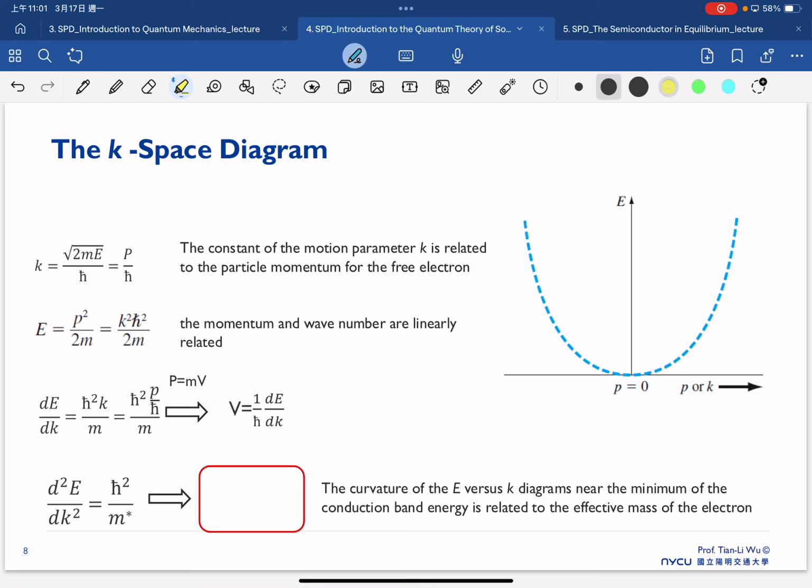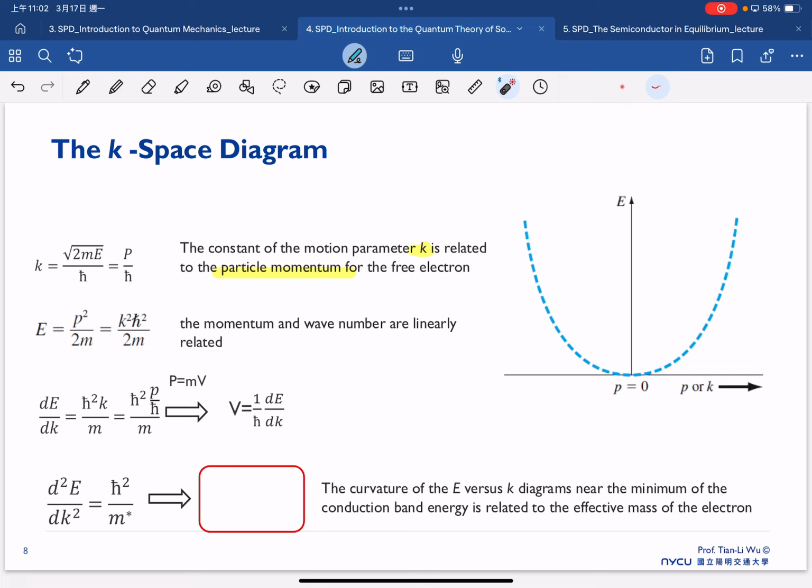Okay, so there's another important concept that we call the K-space diagram. In the case of K-space, we can have this equation. This is one we have been shown, and it can also be related to the momentum. The parameter K is related to the particle momentum for the free electron, and the energy can also be expressed as here.